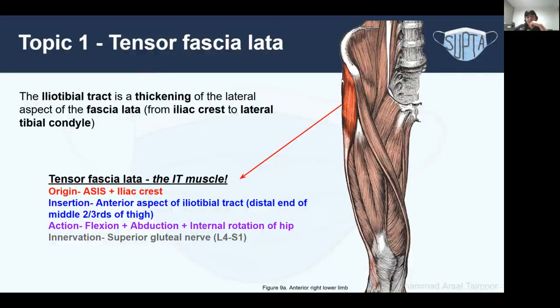So you can understand how it can abduct by visualizing the origin and insertion, and then thinking, okay, I can tell that it goes this way, and it can also flex, and to an extent internally rotate, which is why you've got to know exactly where a muscle is to be able to tell someone exactly what it does.